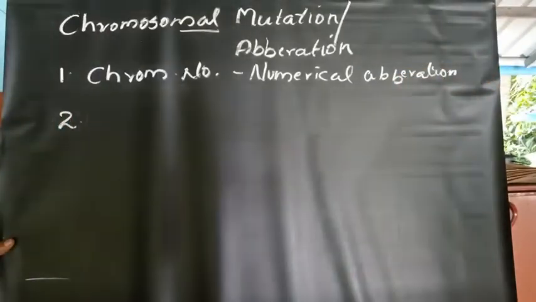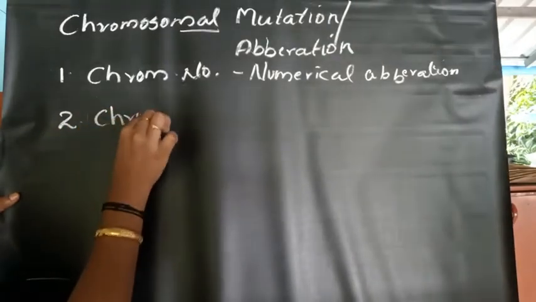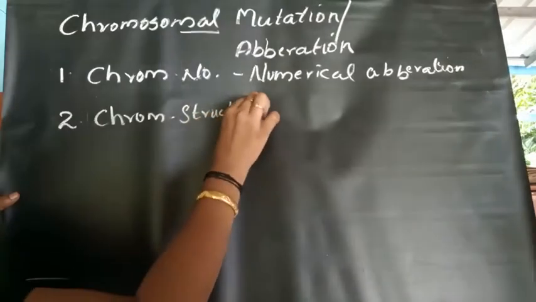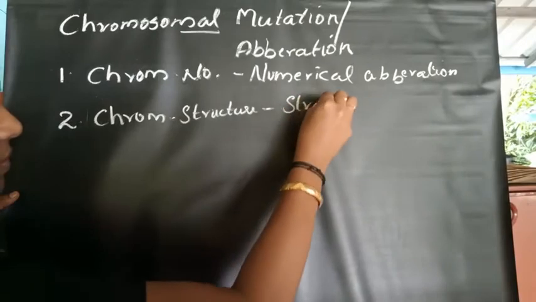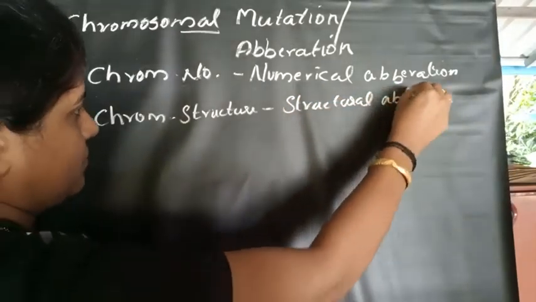If the change happens in the chromosome structure, then we will call it structural aberration.